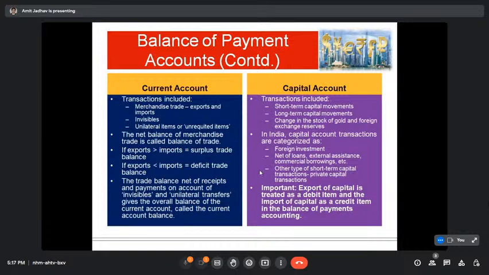The important point is that export of capital is treated as a debit in the capital account, and import of capital is a credit in the balance of payments. So inflow of capital is treated as a credit, and outflow of capital from a country is treated as export of capital. So that is the current and the capital account.